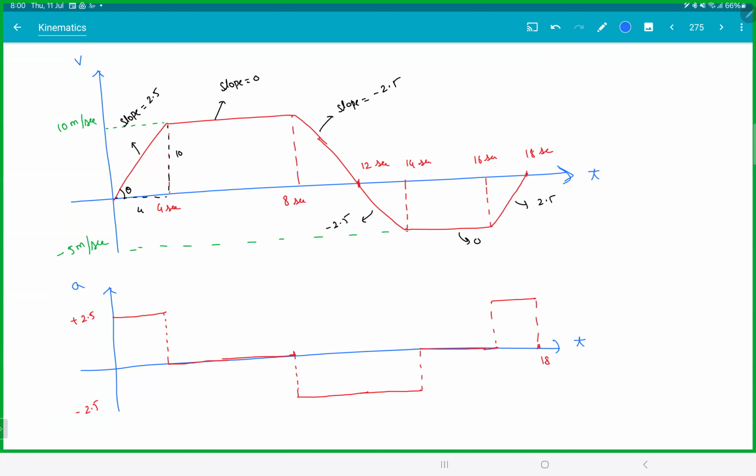So I can give you one graph and ask you another graph. Let's see one more.